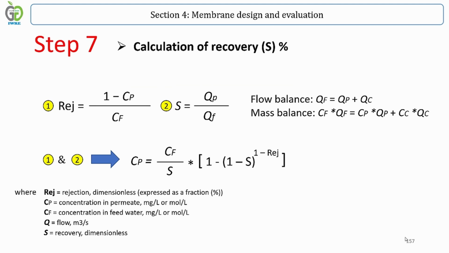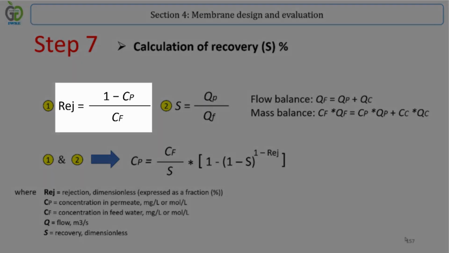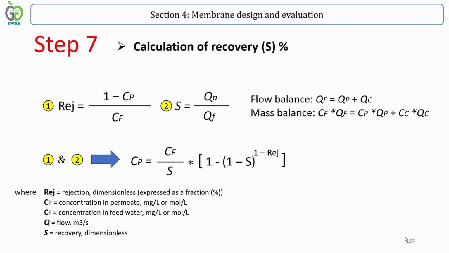The rejection capabilities of reverse osmosis and nanofiltration membranes are designated with either a percent salt rejection or a molecular weight cutoff value. Salt rejection is typically used for reverse osmosis membranes, as in this equation. Rejection is dimensionless and expressed as a fraction. CP is the concentration in the permeate and CF is the concentration in feed water.